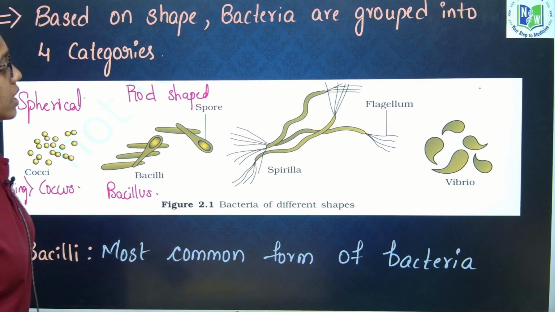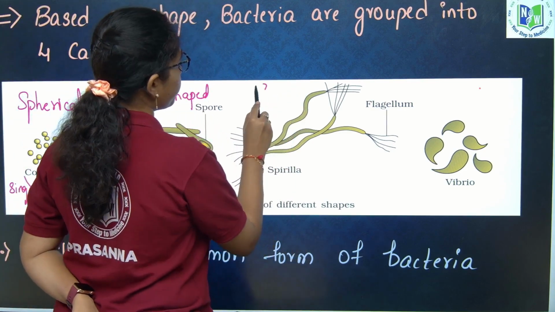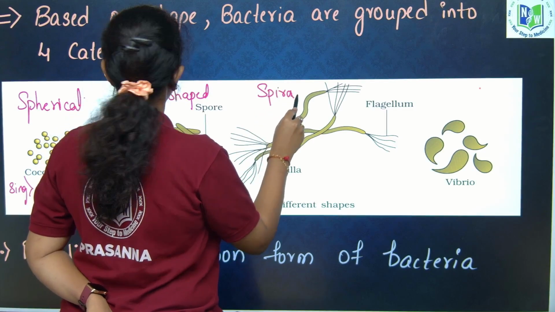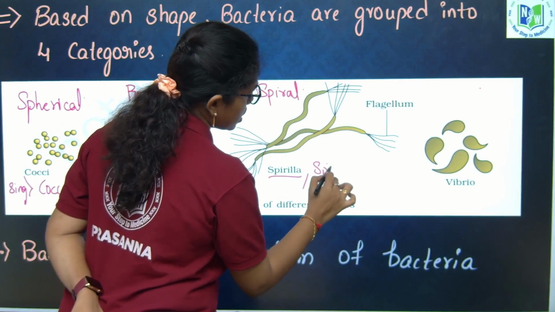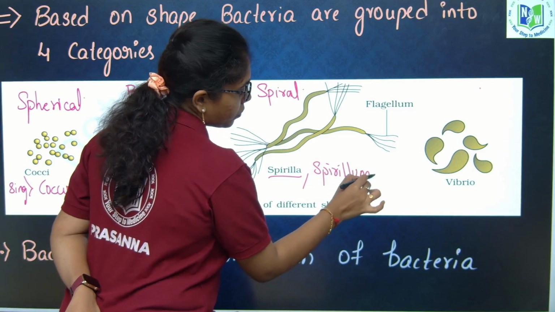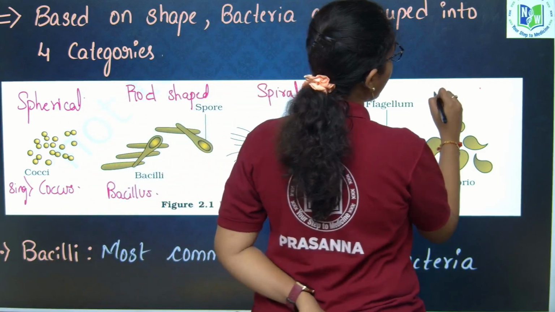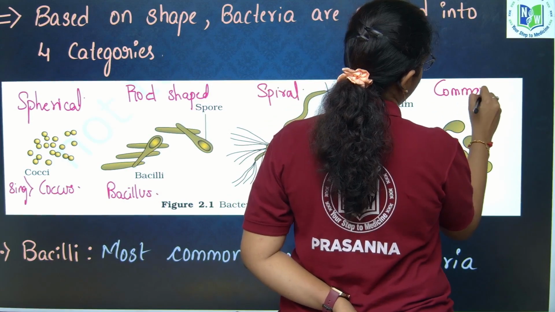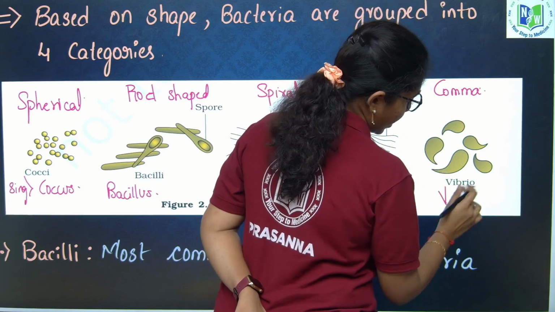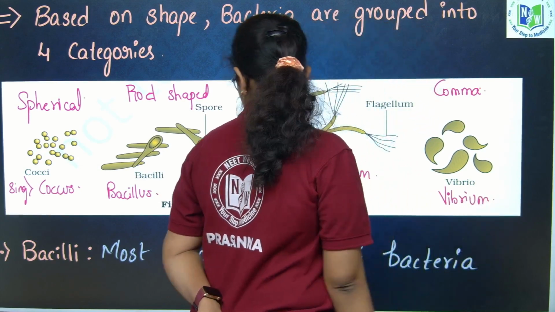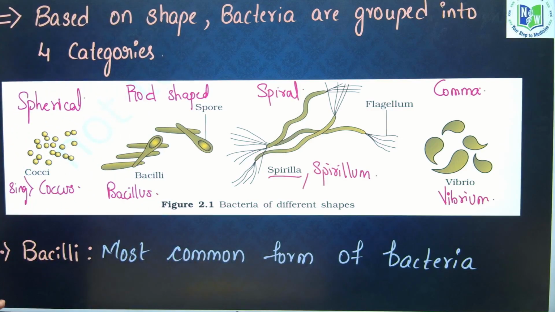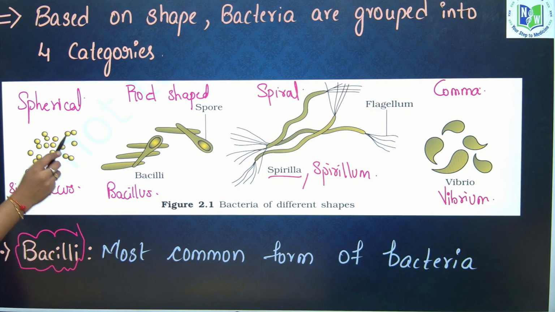Next, spiral shaped are spirilla, or spirillum if singular. Comma shaped are vibrio if in a group, and if singular you call it vibrium. Of all these four categories of eubacteria, the most common bacteria is bacillus, and this is the most pathogenic bacteria as well.